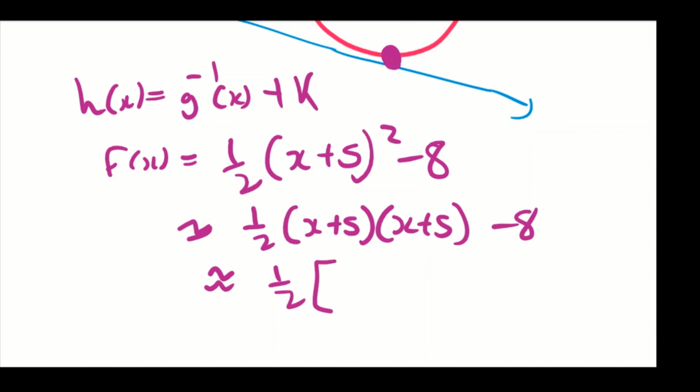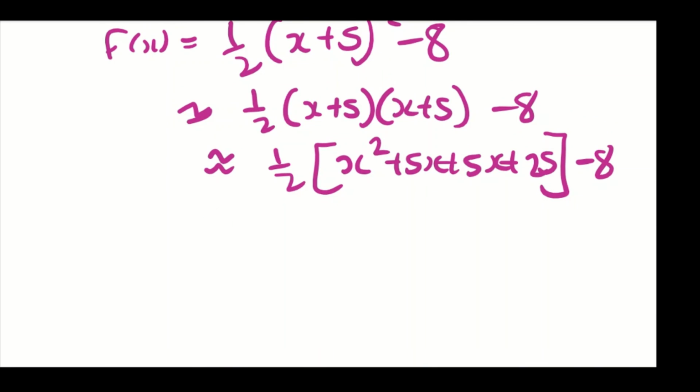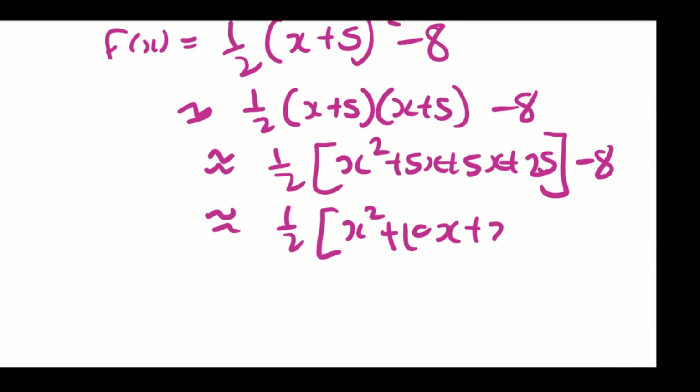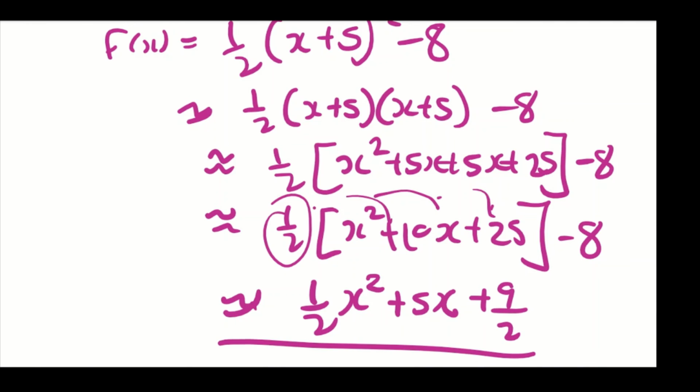So it's 1 over 2 into x squared plus 5x plus 5x plus 25 minus 8, which would be 1 over 2 into x squared plus 10x plus 25 minus 8. So this half will multiply everything inside, and then you collect the like terms. The standard form you need to get is 1 over 2 x squared plus 5x plus 9 over 2. So this would be your f of x in standard form.